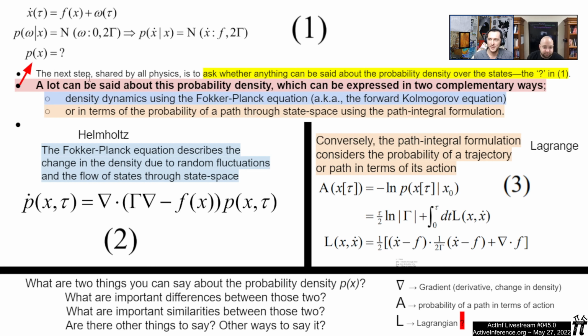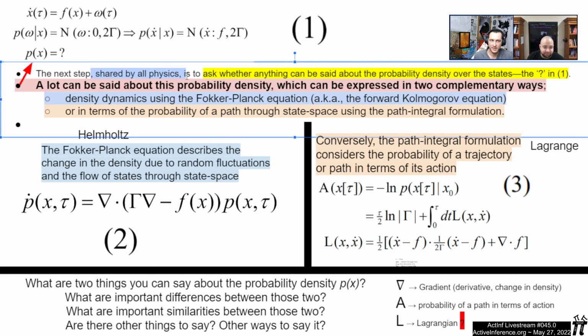The next step, shared by all physics, so those three areas that we described, classical, statistical, quantum, and Bayesian, is to ask whether anything can be said about the probability density over the states: the question mark in 1. So this is the common grounding. This is the last common ancestor of the multiple physics.